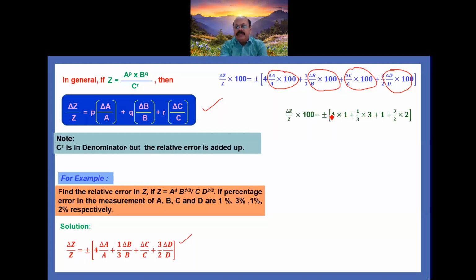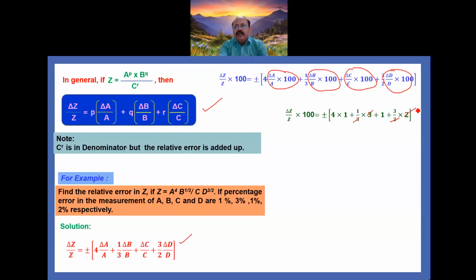Substitute these values. So delta Z upon Z into 100 equal to plus minus within bracket 4 into 1 plus 1 by 3 into 3 plus 1 plus 3 by 2 into 2. From here the 3 and 3 get cancelled, and the 2 and 2 get cancelled.